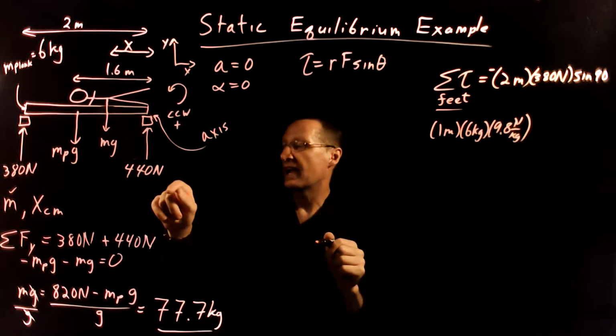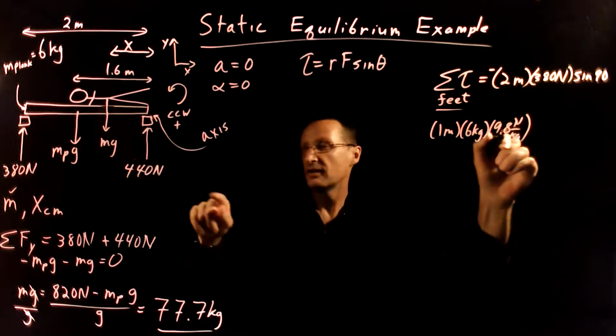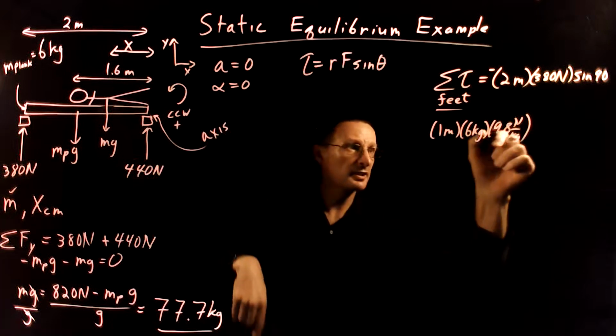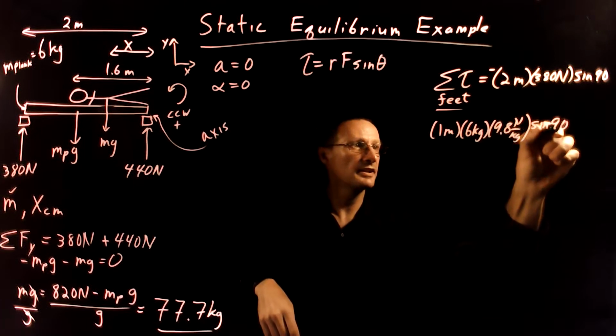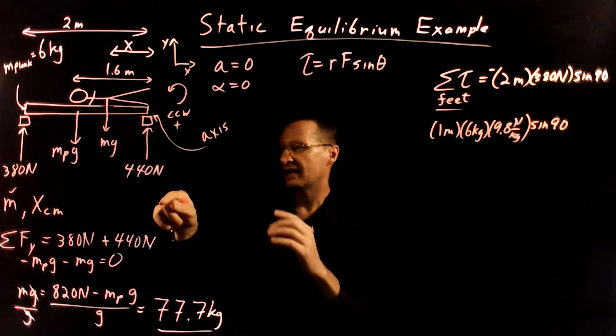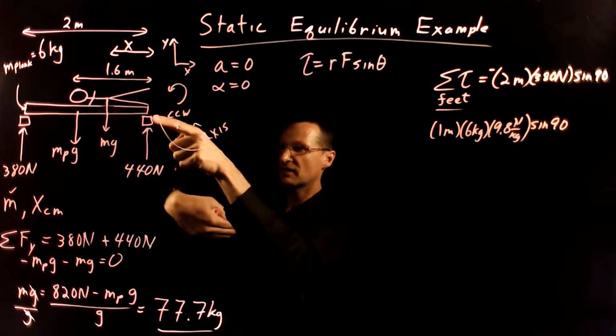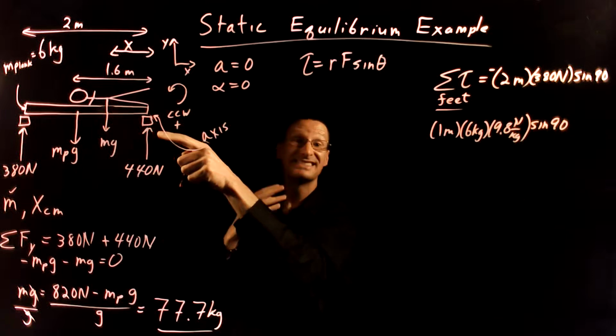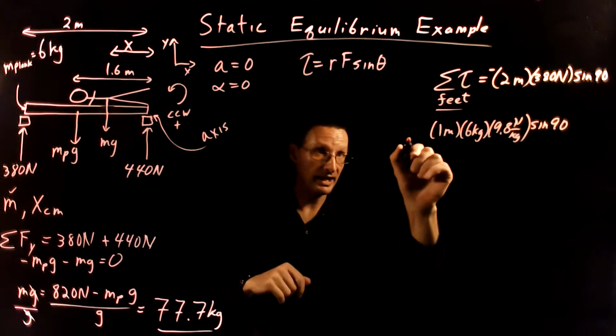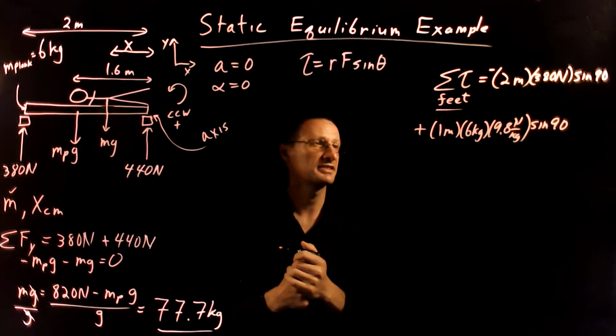The angle between those two is 90 degrees, so I'm going to have sine of 90. About this point, that causes rotation counterclockwise, and therefore positive. So I'm going to put a positive outside that.